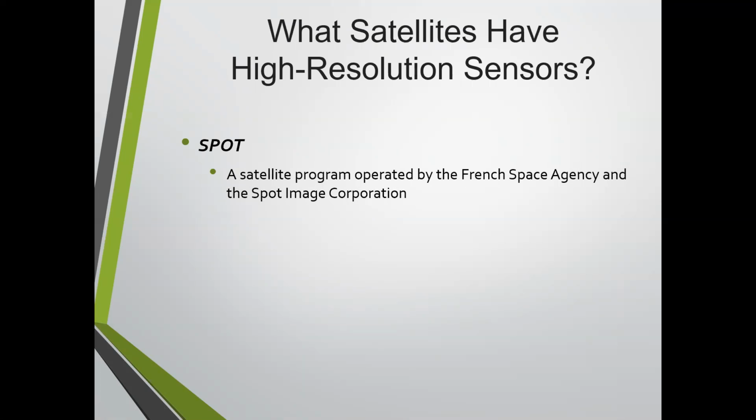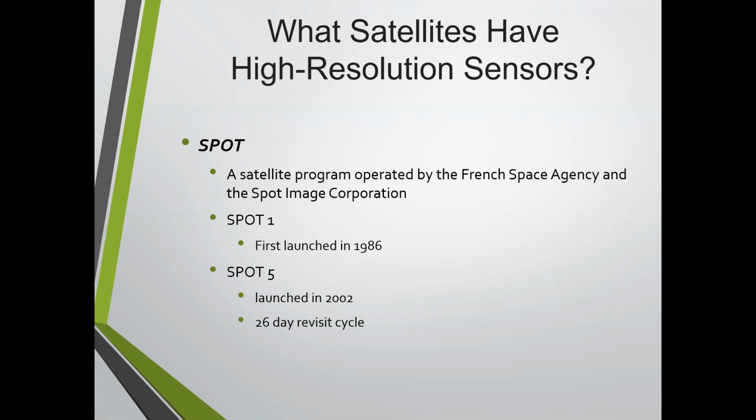SPOT was operated by the French Space Agency and the Spot Image Corporation, so they've been around a while. We have Spot 1, started in 86, and Spot 5 was launched in 2002. I'm not sure what their newest ones are, but I'm sure they're still around.